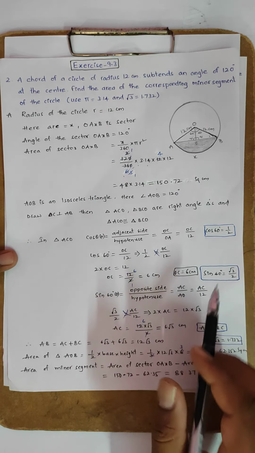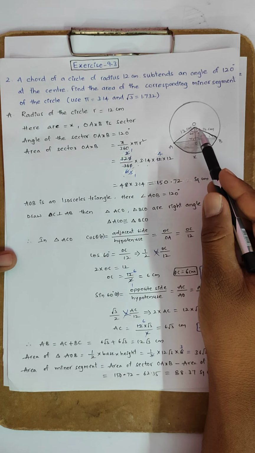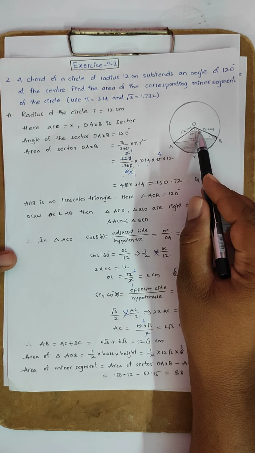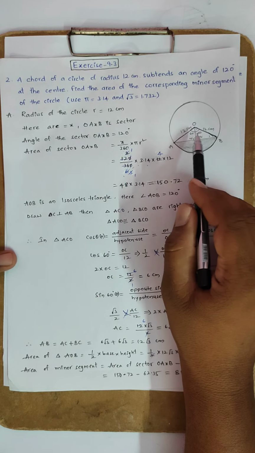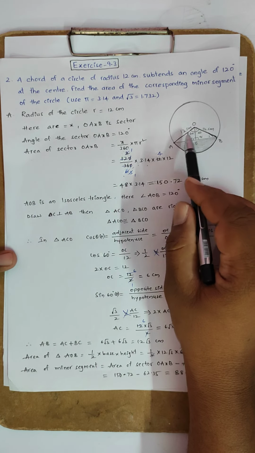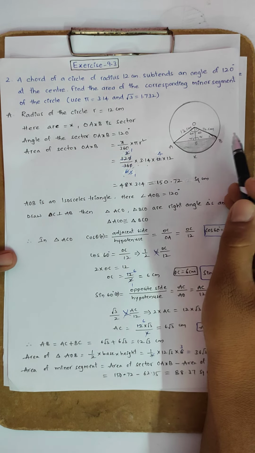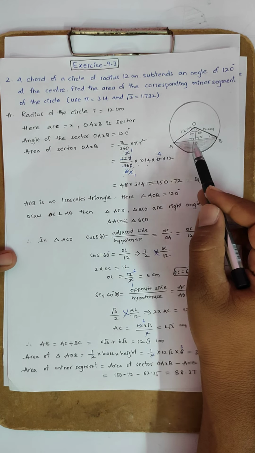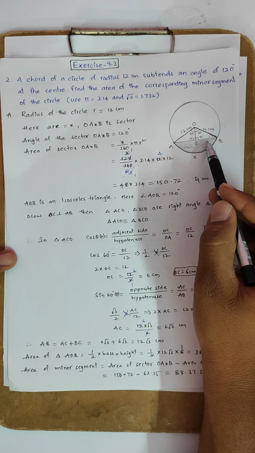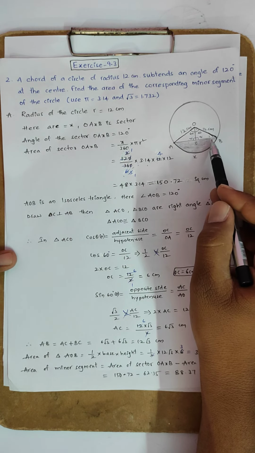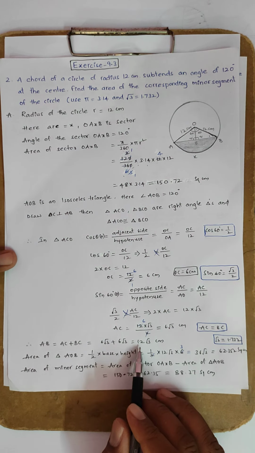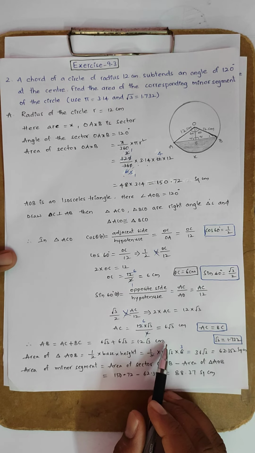Now using OC perpendicular to AB, the angle 120 degrees split into 60 and 60, and these two triangles being congruent, using all these conditions we can confirm that AC is equal to BC. If this is 6 root 3, this one is also 6 root 3. So the total length of chord AB is 6 root 3 plus 6 root 3, which is 12 root 3 centimeters.